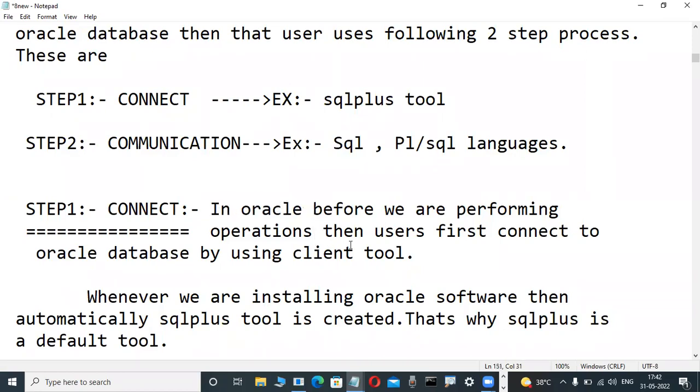In Oracle, before we perform operations, users first connect to the Oracle database by using a client tool.